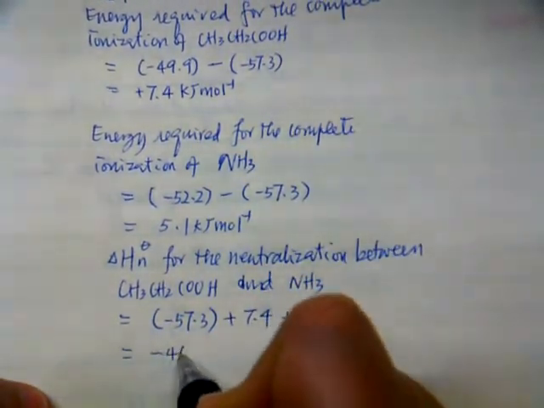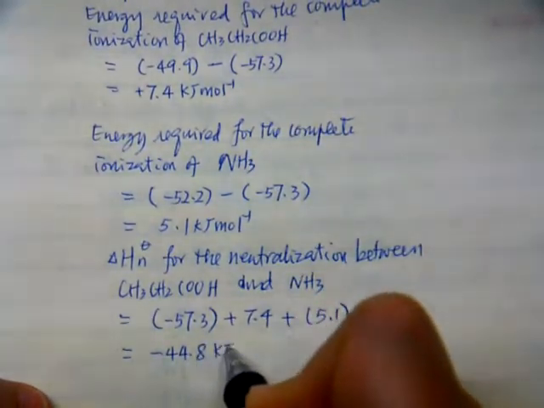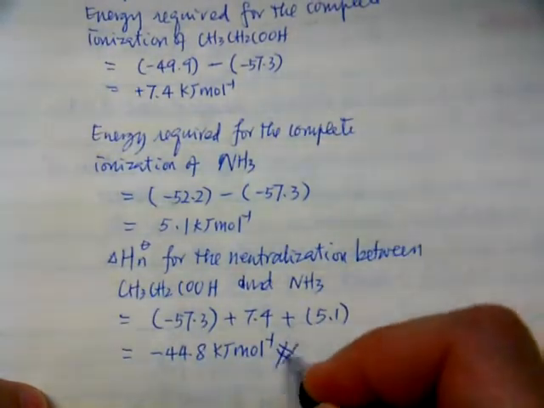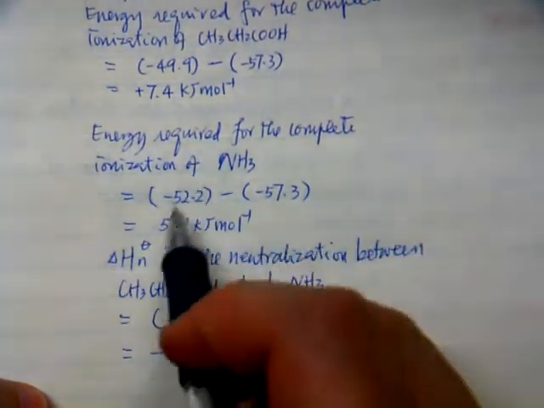Therefore, the number should be 44.8 kilojoule per mole. Understand? It is difficult, okay?